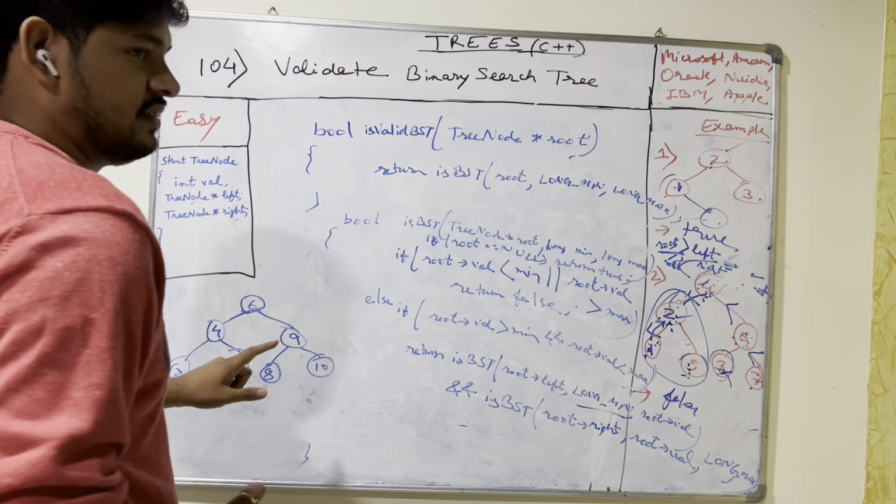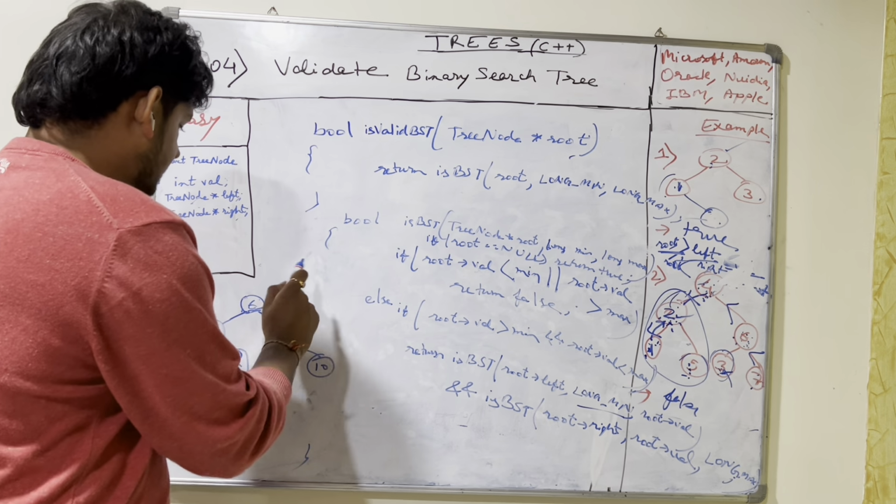So now you take this example, okay? Here this is 6, we are at 6.